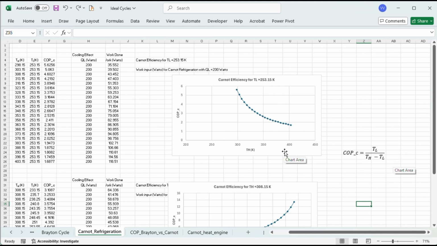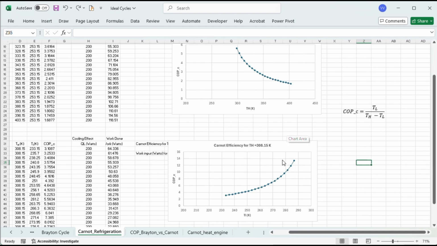In heat engine, higher temperature on the high temperature source was a good thing. Here, higher temperature on the rejection side is actually a bad thing. So you want the TH to be on the lower side for better efficiency.